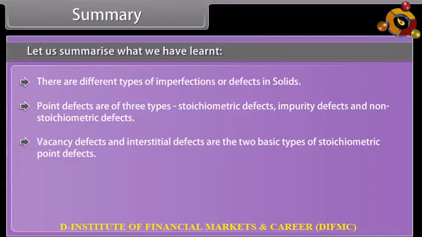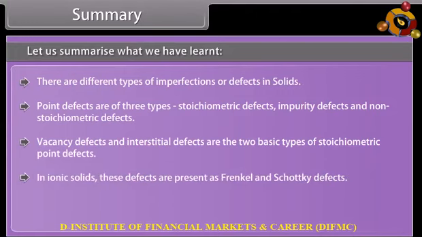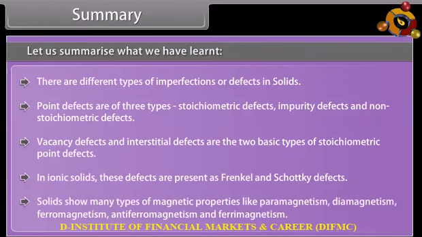Vacancy defects and interstitial defects are the two basic types of stoichiometric point defects. In ionic solids, these defects are present as Frenkel and Schottky defects. Solids show many types of magnetic properties like paramagnetism, diamagnetism, ferromagnetism, antiferromagnetism, and ferrimagnetism.